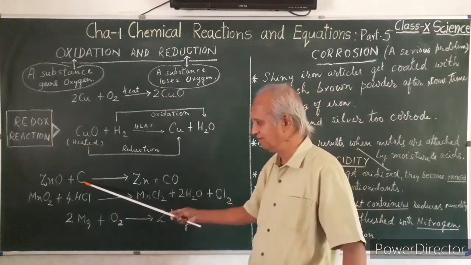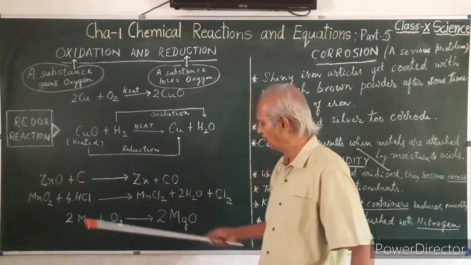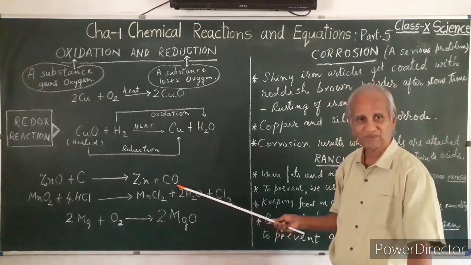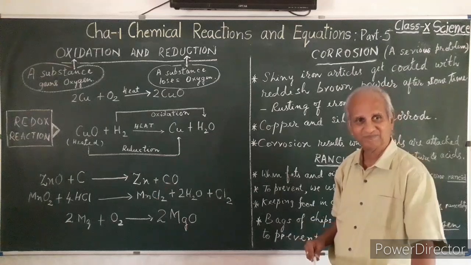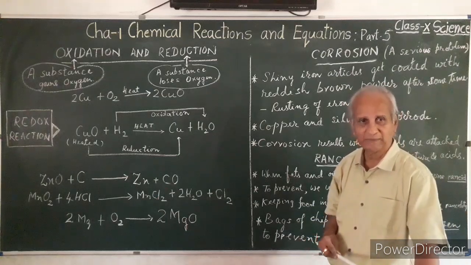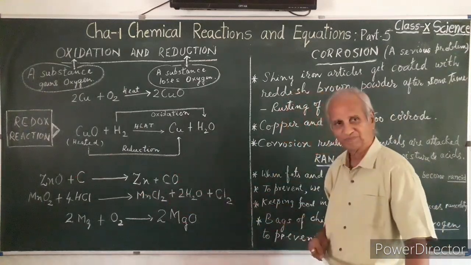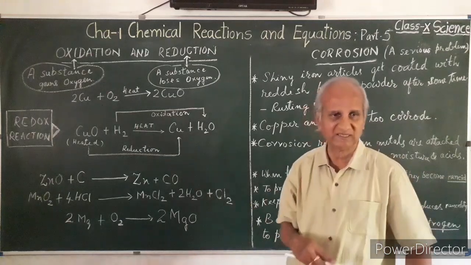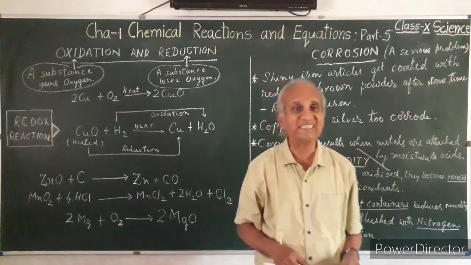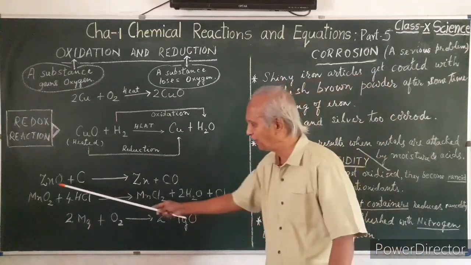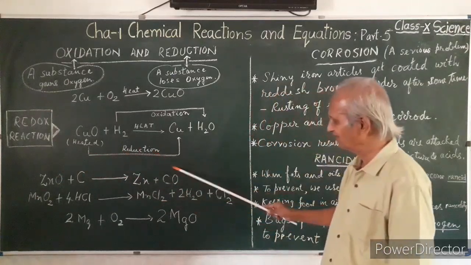Whereas carbon gained the oxygen that was released here, and it became carbon monoxide, CO. So carbon has gained in terms of the oxygen atoms it has taken. So C turning into CO, carbon turning into carbon monoxide, we can call it an oxidation reaction. So in this reaction you have both reduction and oxidation.